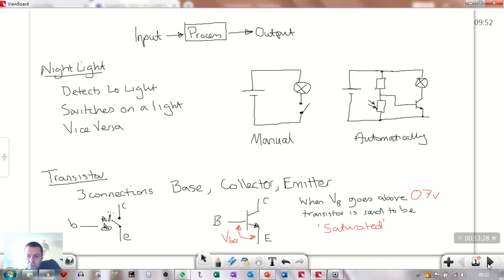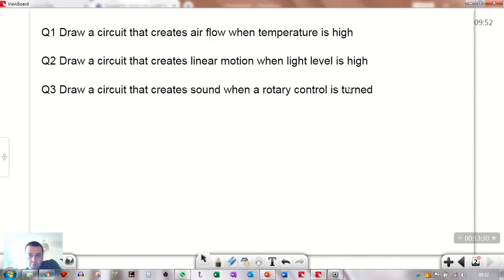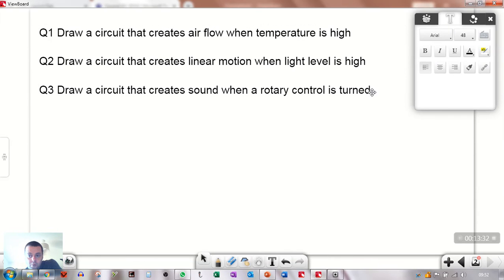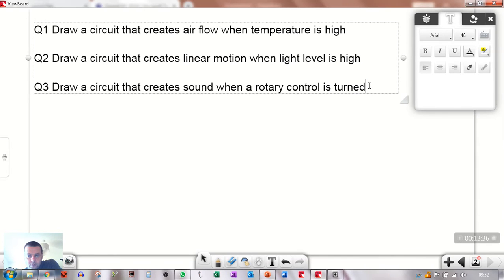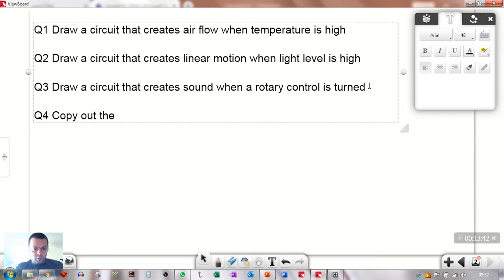I would also suggest that you copy out the previous slide. Copy it and memorise the previous slide.